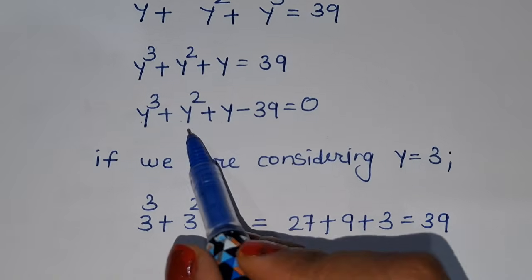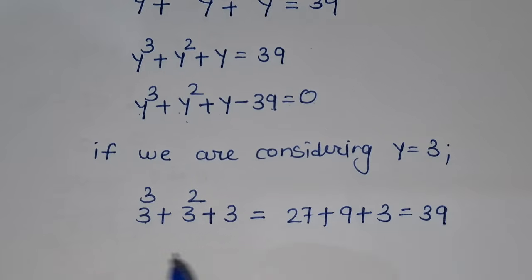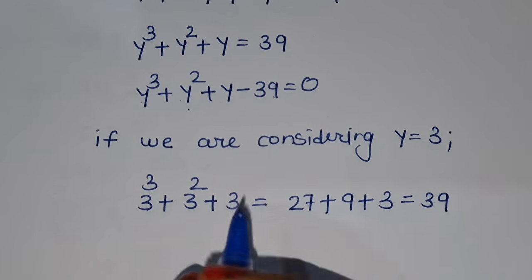So 39 minus 39 is equal to 0. In this way we got the value of y, that is y = 3.